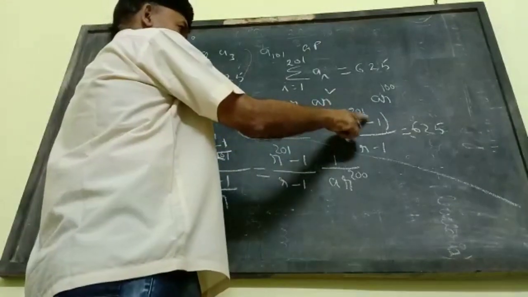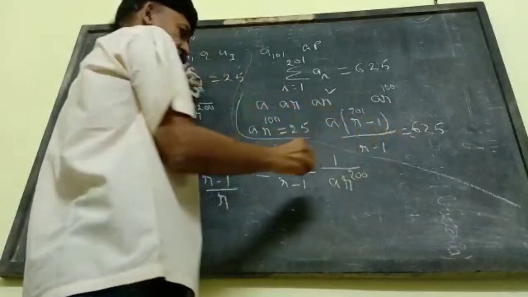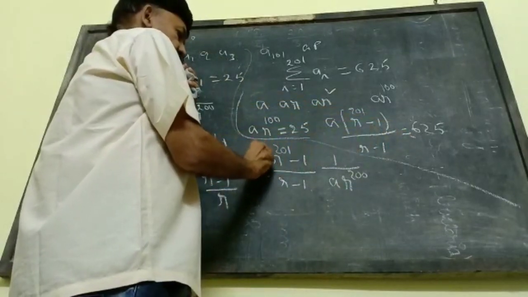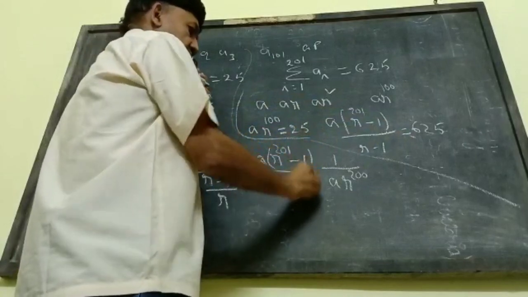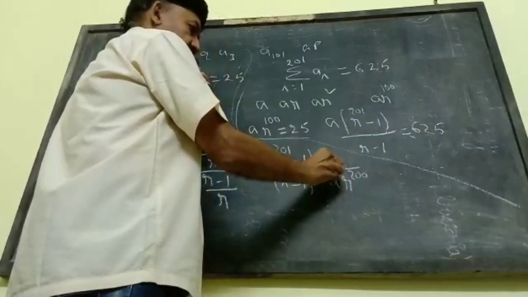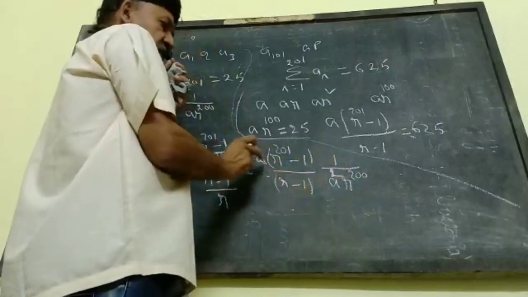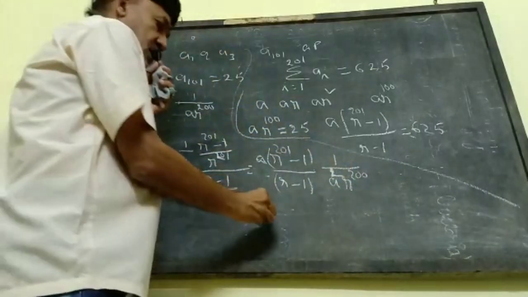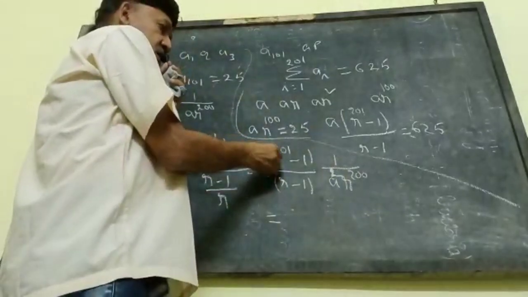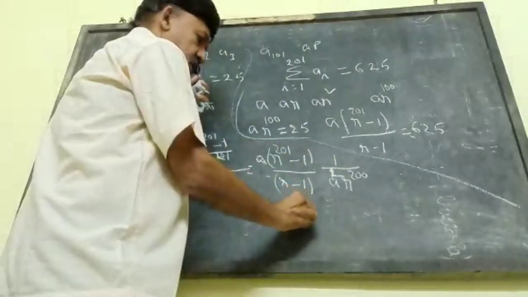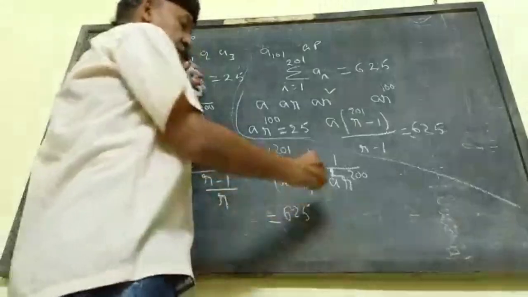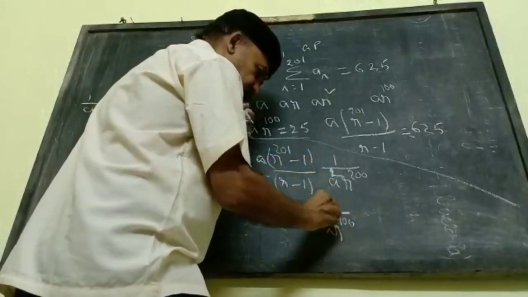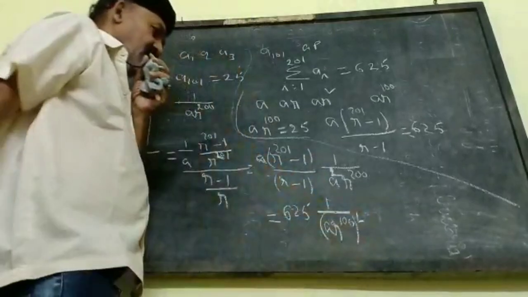Now, you know A into R power 201 minus 1 by R minus 1. So you simply multiply with A, and put A square here. Now the idea is, listen: this is 625, divided by A R to the power of 100 whole square, since A square R power 200 means AR to the power of 100 whole square.